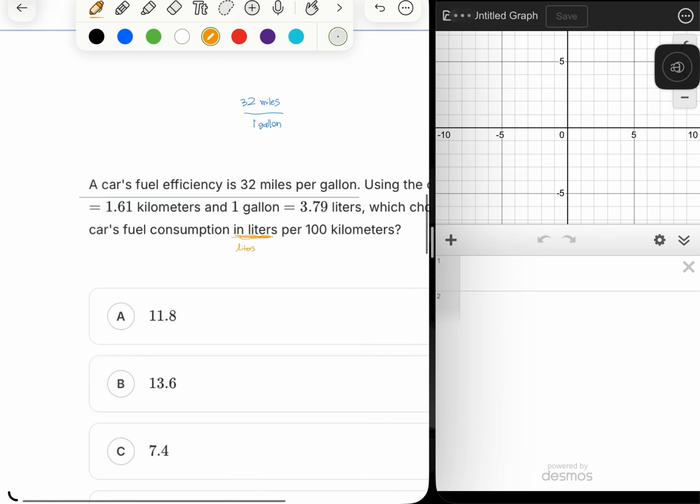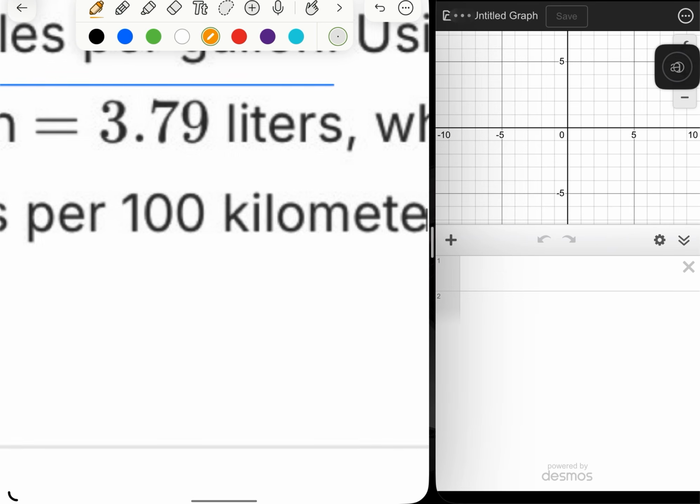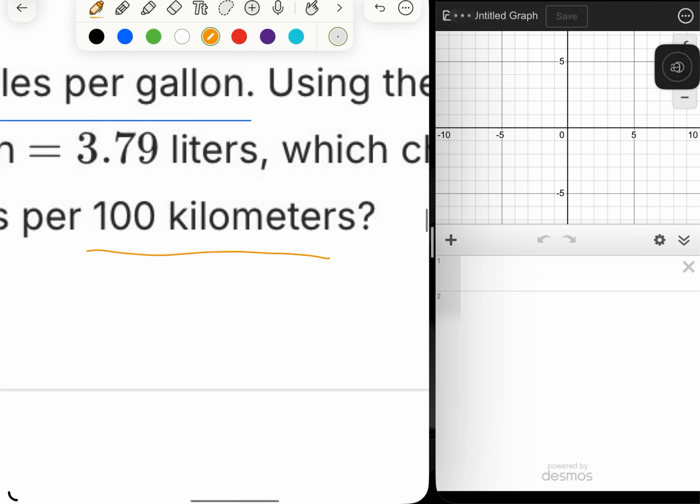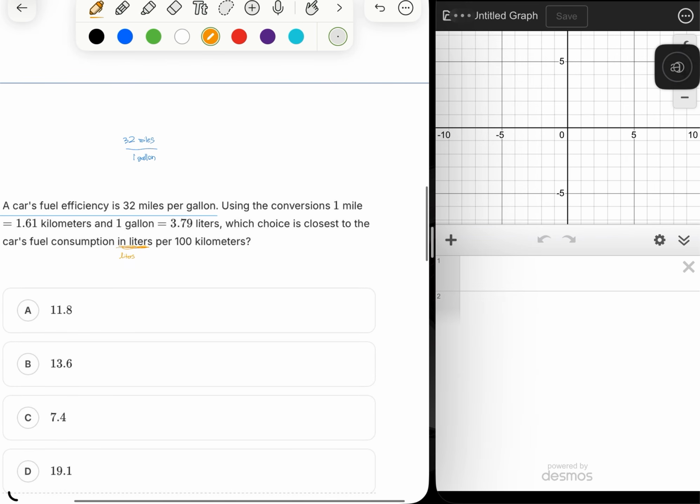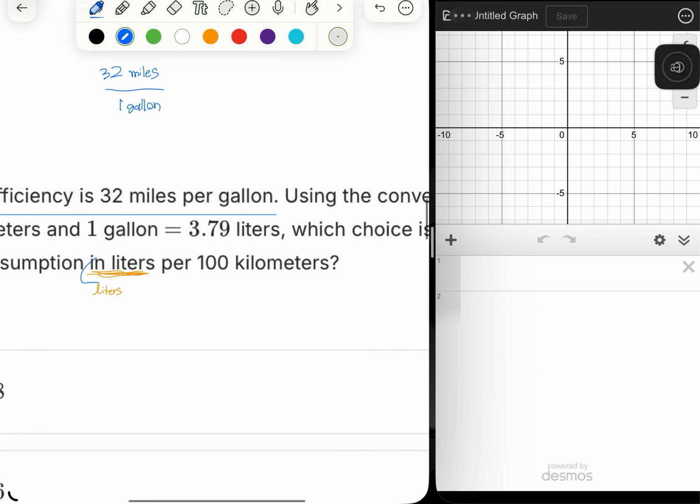But the difference is that it's asking us to find the number of liters per 100 kilometers. That phrase itself can actually be confusing to interpret, but this is why I urge you to use my method, called follow the flow.